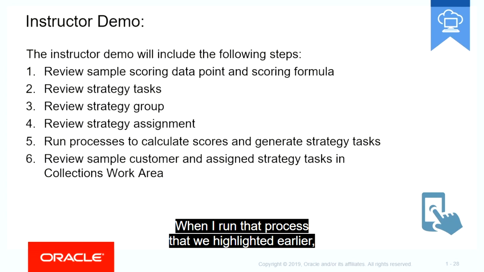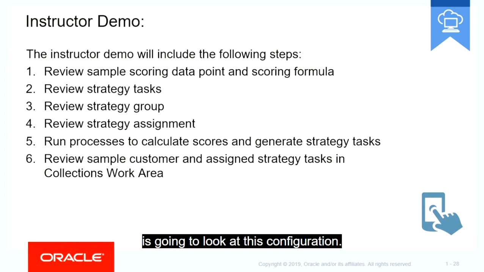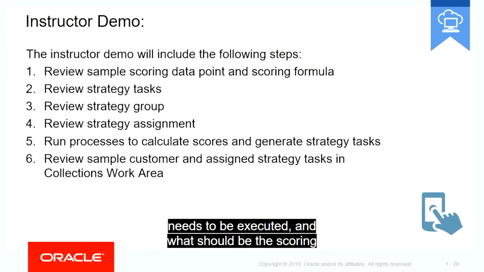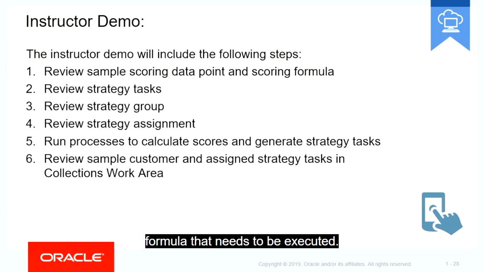When I run that process that we highlighted earlier, the scoring and strategy assignment process is going to look at this configuration. Okay, it's going to look at what should be the strategy assignment group that needs to be executed, and what should be the scoring formula that needs to be executed.